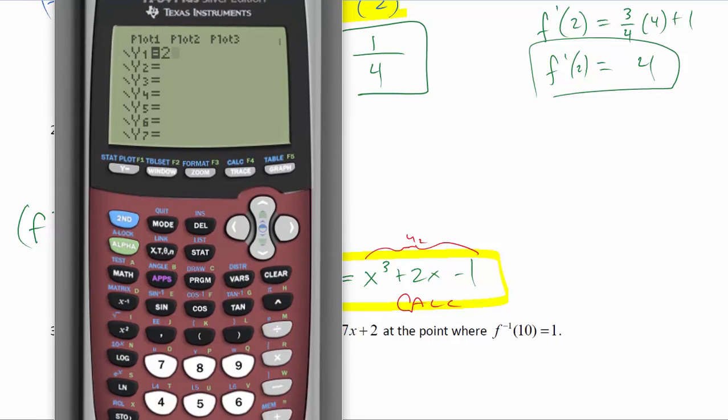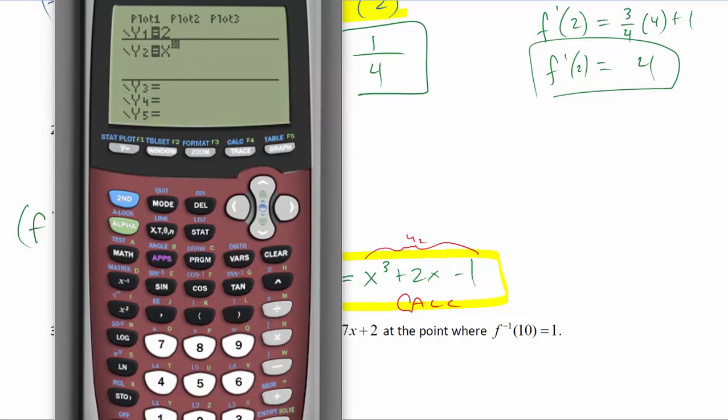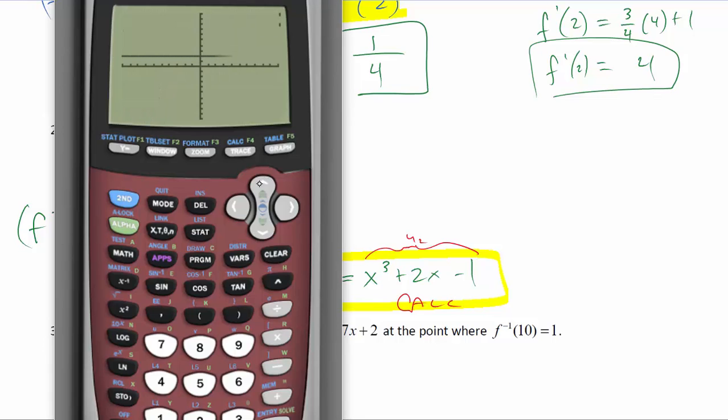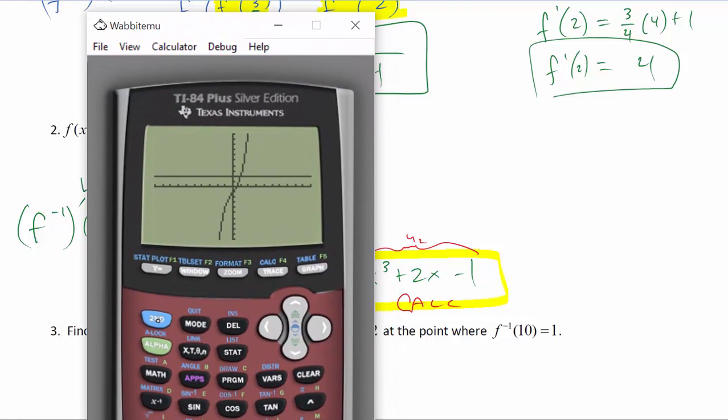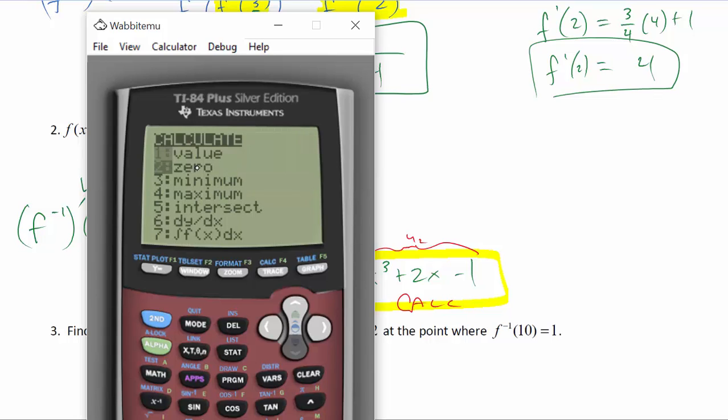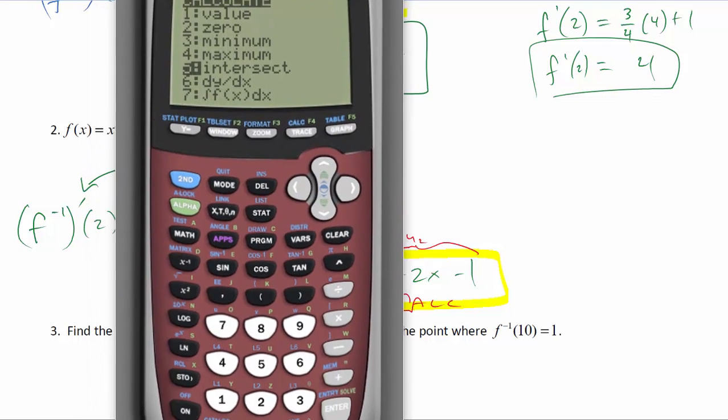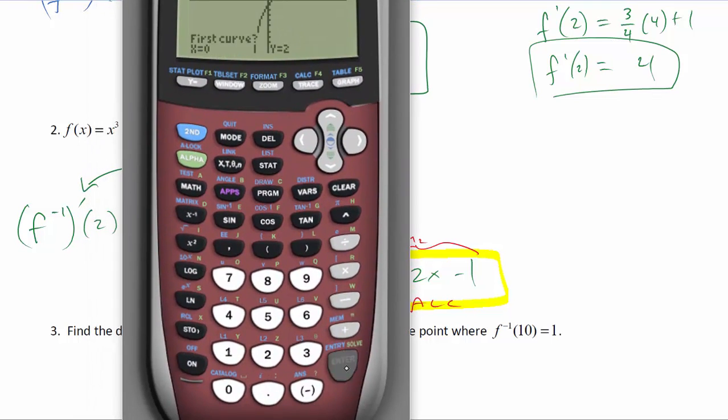And on the right side, it's x cubed plus 2x minus 1, so I have to type that in. X cubed plus 2x minus 1. I'm going to graph it. And then I'm going to hit second trace, intersection. And then I have to hit enter 3 times. Enter, enter, enter.